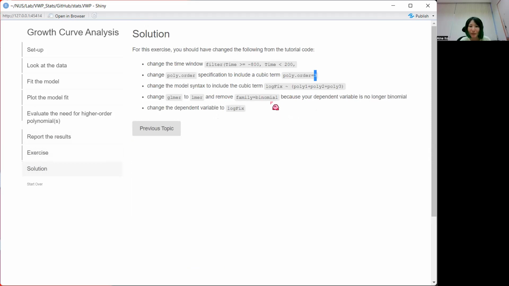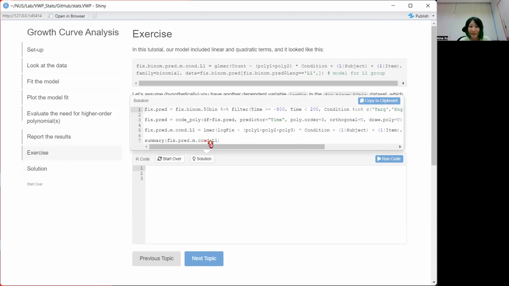You want to drop family equal binomial from your model and change it to linear, because you're no longer modeling a binomial dependent variable. And finally, change the dependent variable to log fix from count. If you have changed all that, you should have got what is written in the solution here.